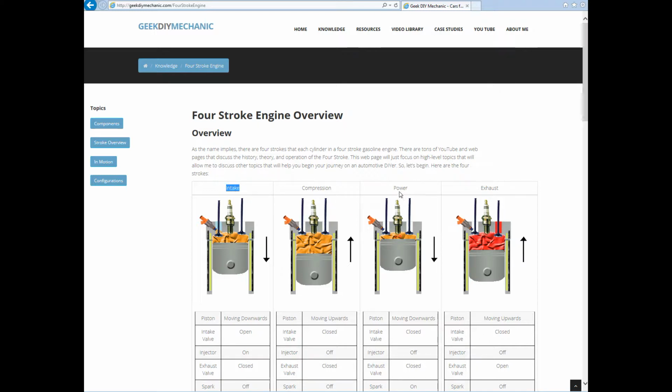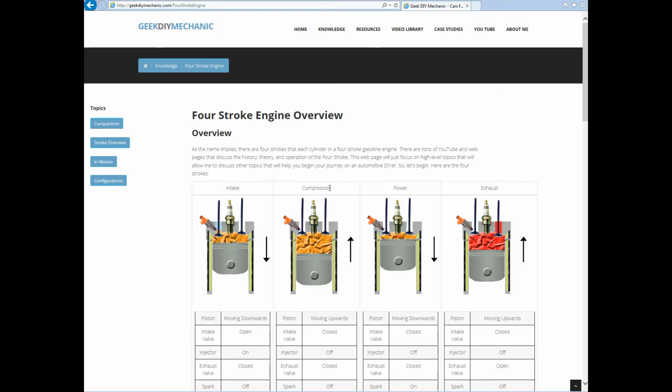The power stroke is where the work gets done. That is the stroke that pushes down the piston forcibly, which then is converted into rotary motion, remember, and that's delivered to the transmission, then via the axles to the tires. So the power stroke is where it's all done. These other strokes prepare for the power stroke.